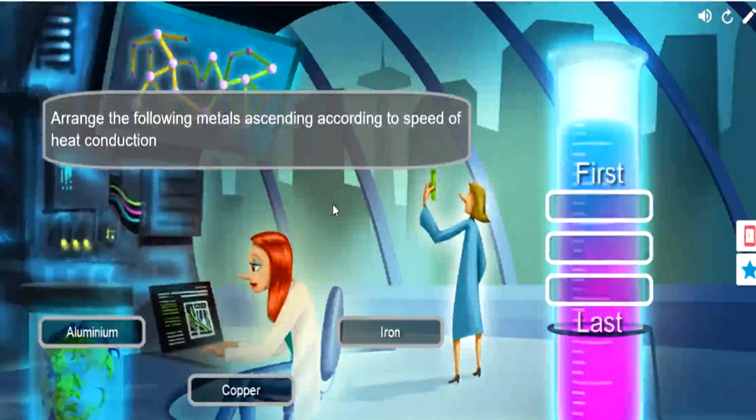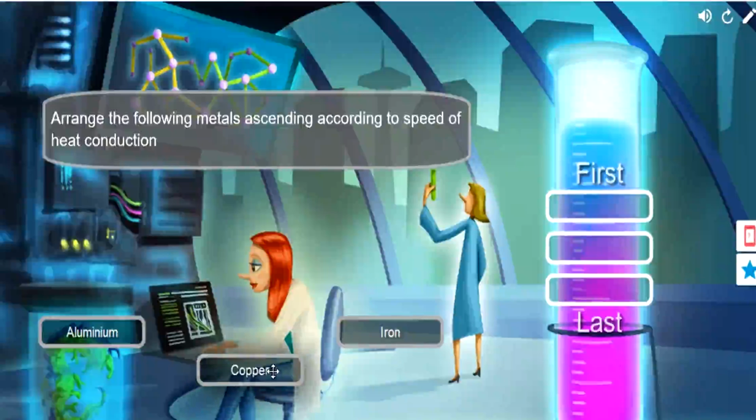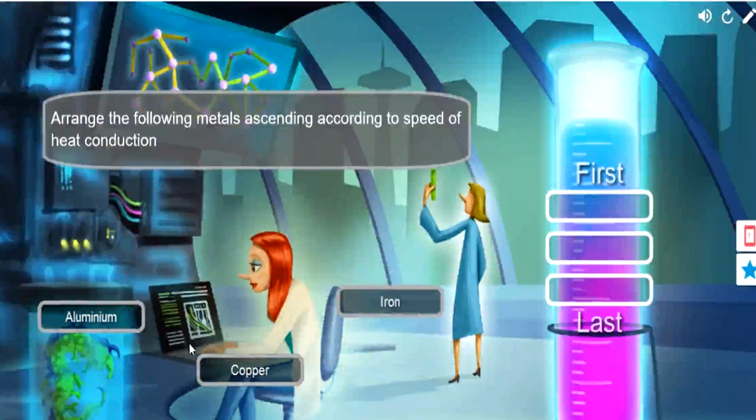Second exercise, arrange the following metals ascending according to the speed of heat conduction. First metal, aluminum, second metal, copper, and the last metal, iron. Copper or iron or aluminum in the first?